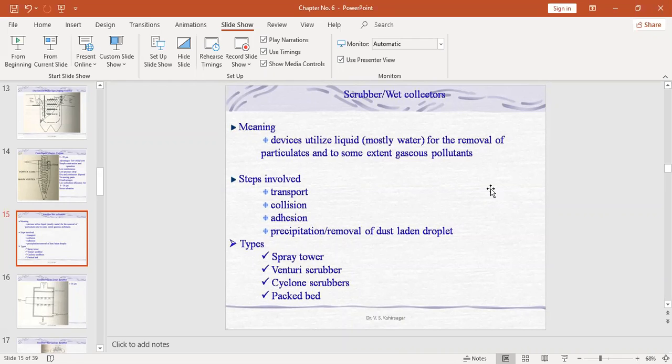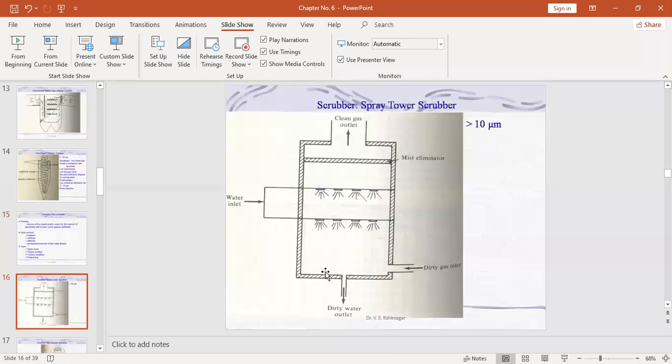There are different types of wet scrubbers. What are the different types? That is spray tower, venturi scrubber, cyclone scrubber, and packed bed. So these are the different types of scrubbers you can use. One by one we will see. First of all, we will see the spray towers.